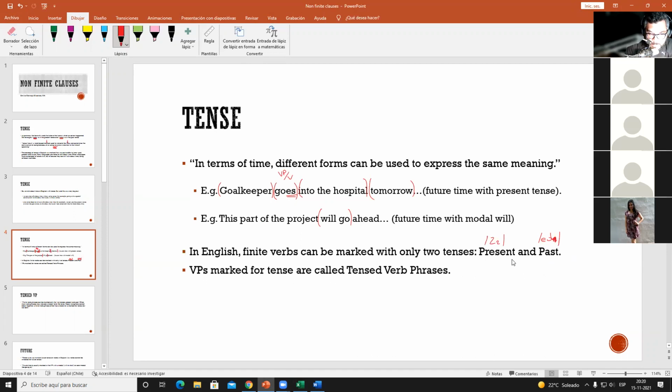If they can't be represented by any of these two different morphemes, you can also say modal verb. When there is a modal verb, that verb phrase is finite as well. Verb phrases marked for tense are called tensed verb phrases or finite verb phrases.